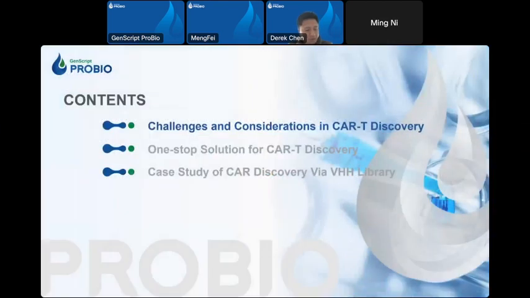We will start with a quick introduction of the challenges and the considerations in CAR lead discovery, followed by a detailed discussion on corresponding solutions. In the last part, to help everyone better understand the workflow, we will share case studies of VHH lead generation for CAR T application against 2 targets, the CD7 and the RR1.